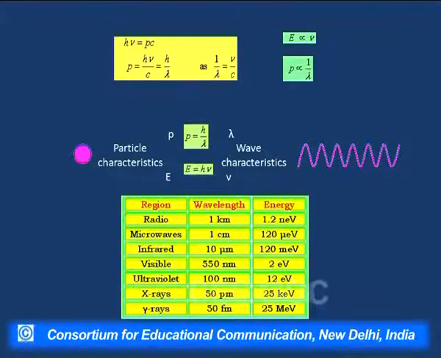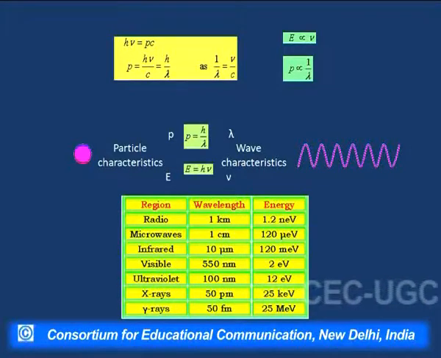We have radio waves. The wavelength of radio waves is around 1 kilometer, and if we calculate the energy, it comes out to be 1.2 nano electron volt. Then we have microwaves, with wavelength of the order of centimeters. For 1 centimeter, it comes out to be 120 micro electron volt.